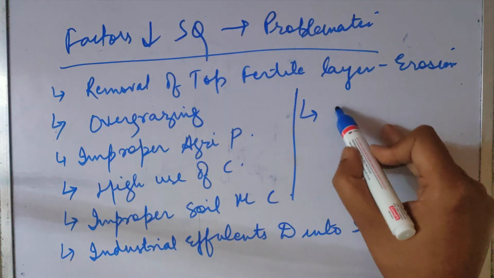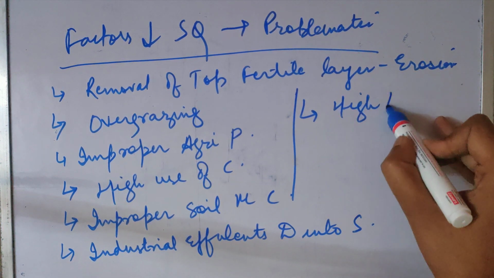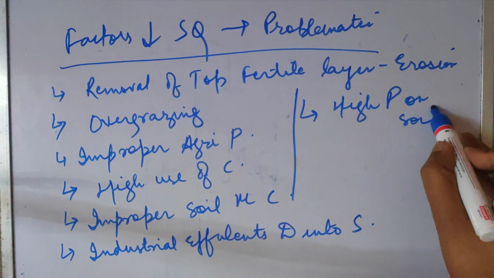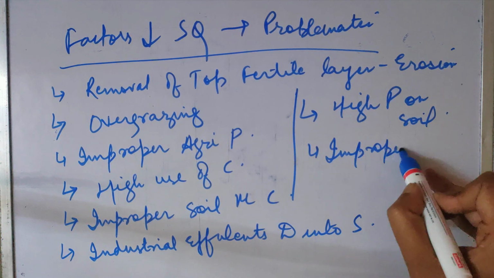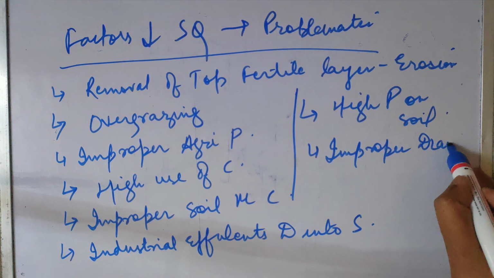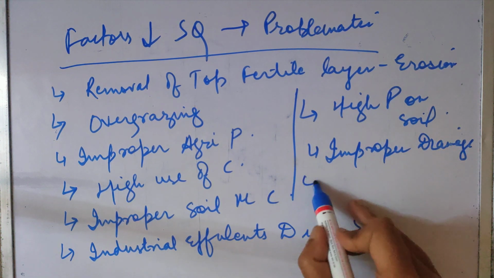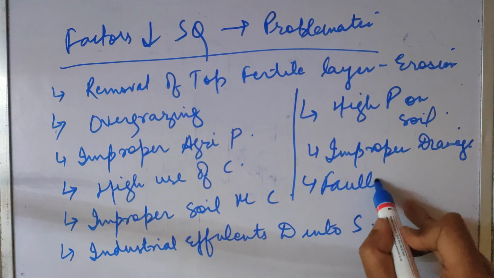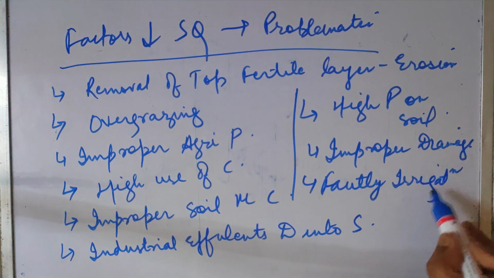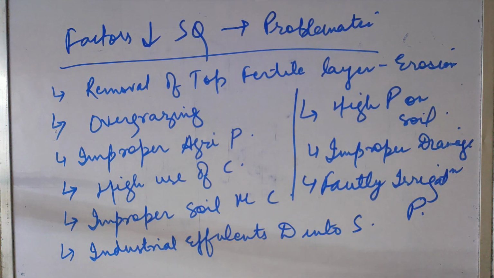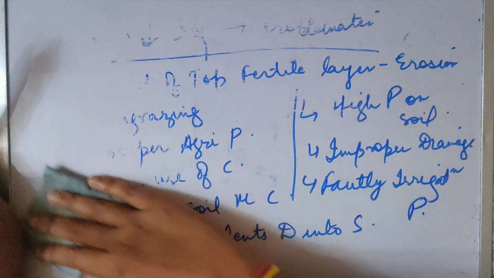Next point is high pressure on soil, improper drainage, faulty agriculture practices or faulty irrigation practices. So these are the factors which lead or make the soil problematic.